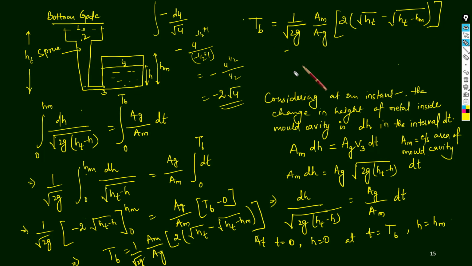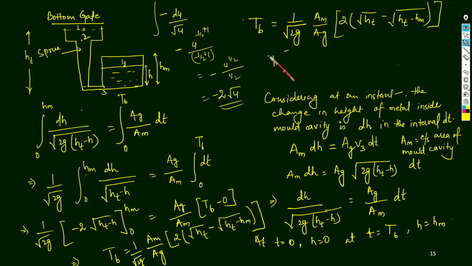So this is the expression for time required for filling the mold in case of bottom gate system. So we have got these values. Now can we calculate the values? Can we compare the value of bottom gate and top gate?